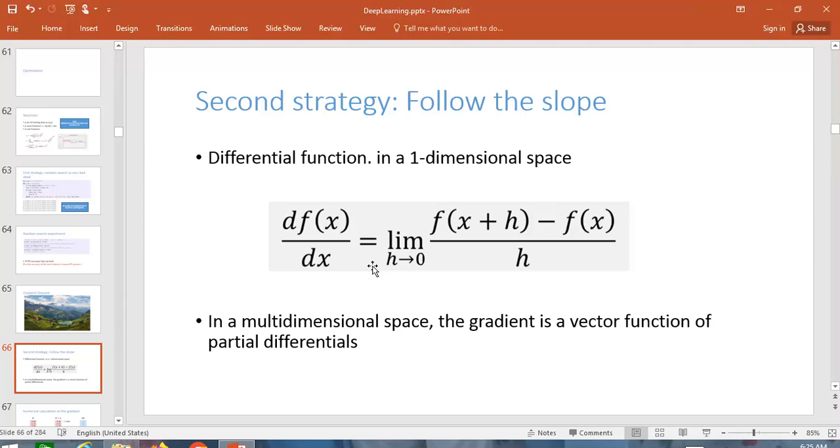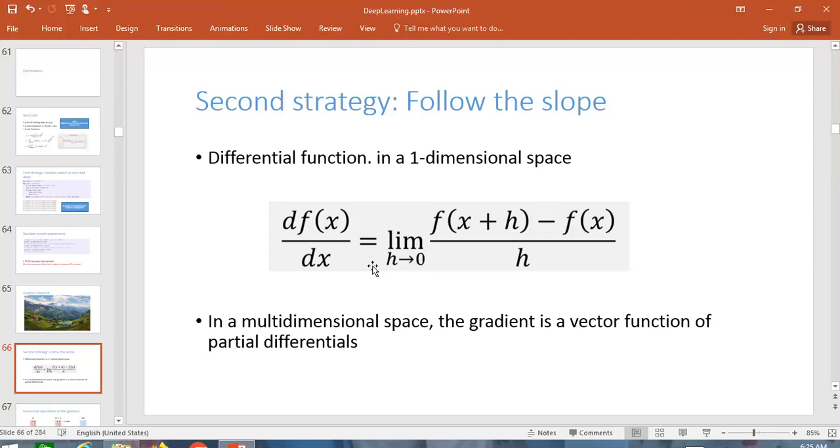We use the scalar function only to calculate the differential of the function in one-dimensional space. But in our discussion, f itself is a number that is a function of w. W is a vector. In one-dimensional space, you have seen this formula for calculating the slope.